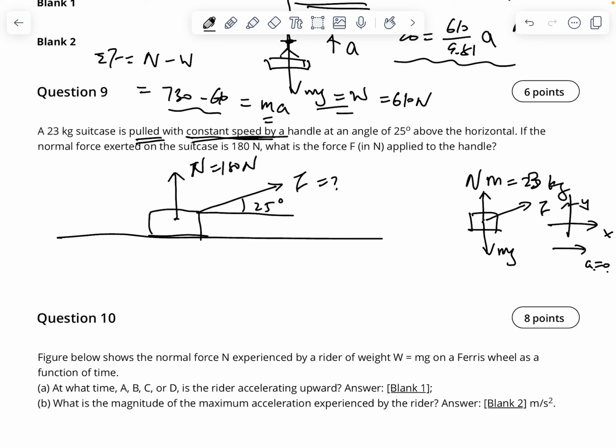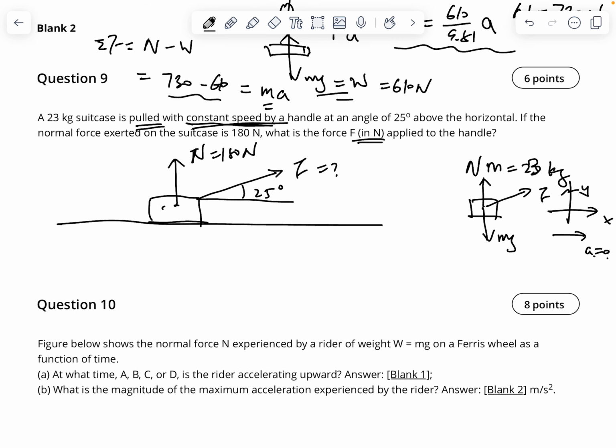So if you ask about the applied force, right? Let me see, this is the 23 kg, normal force, right? So what we have here is this. In vertical direction, you have net force equal to 0, right?